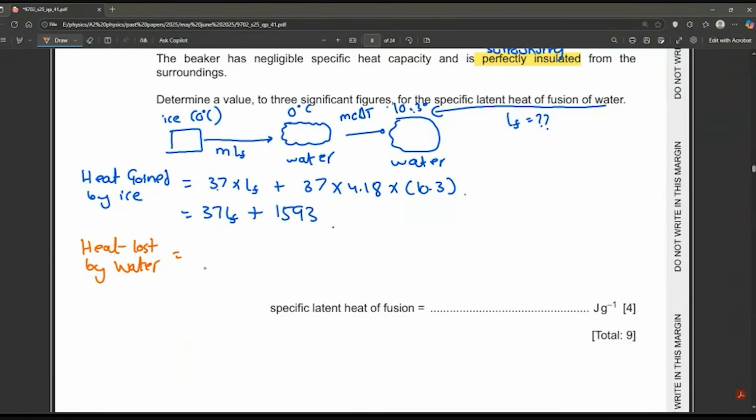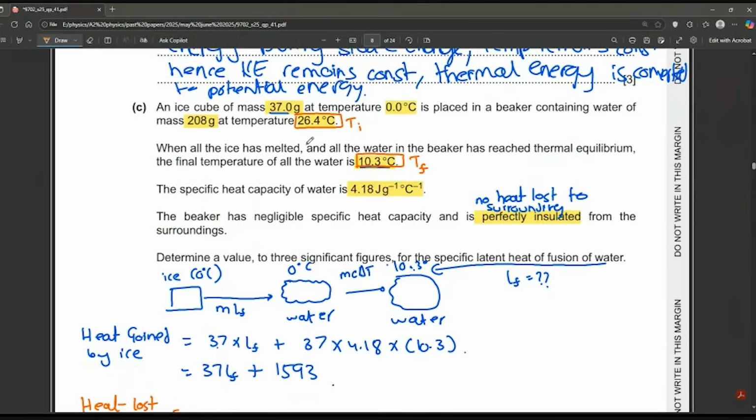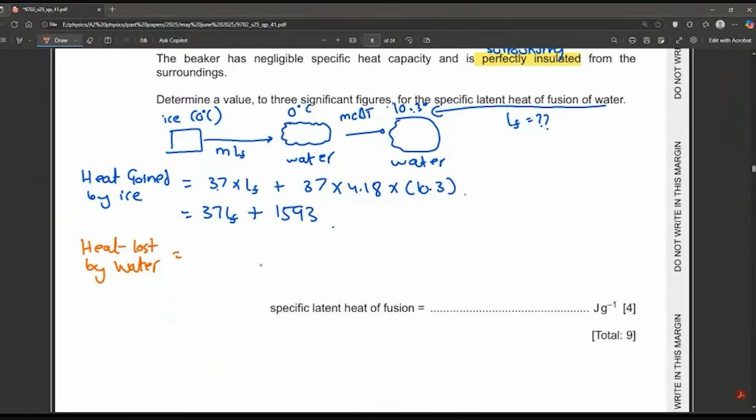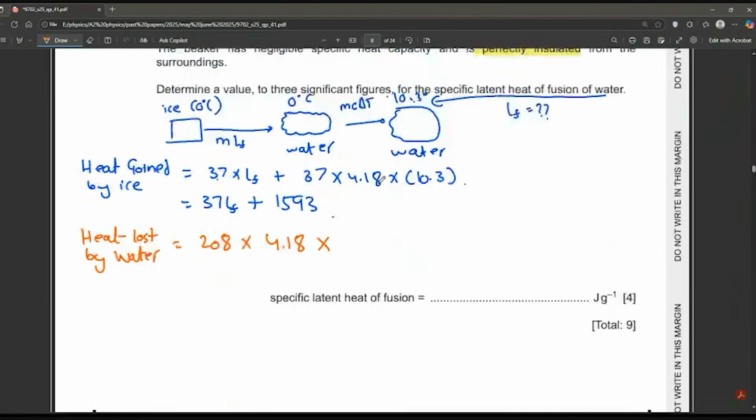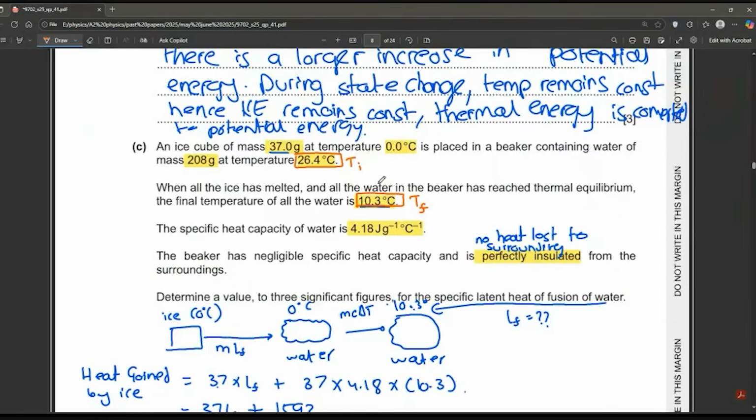Yes. You will say mass of water, that is 208. 208 into the specific heat capacity of water, 4.18, into the change in temperature. What does the change in temperature come out to be? 16.1.